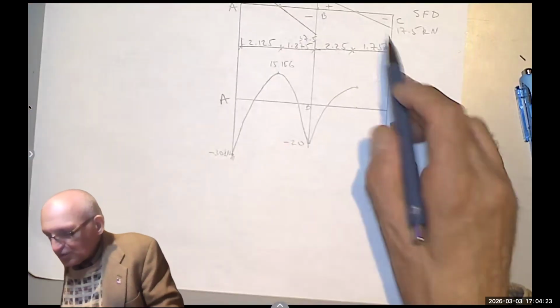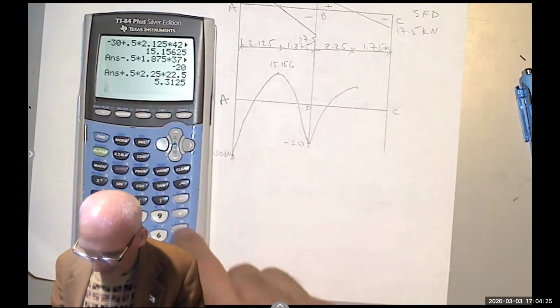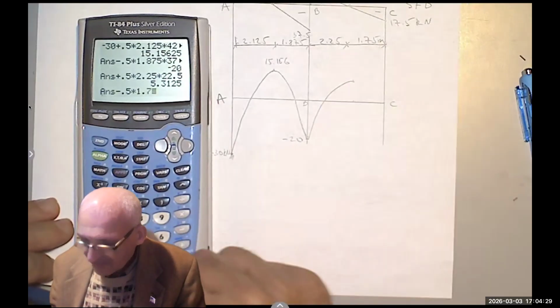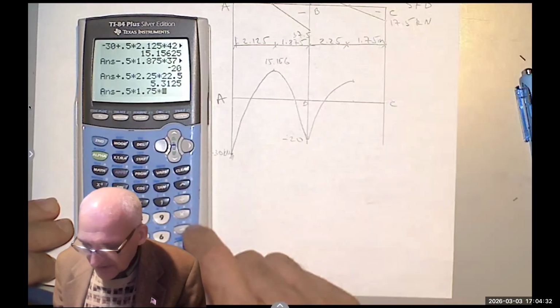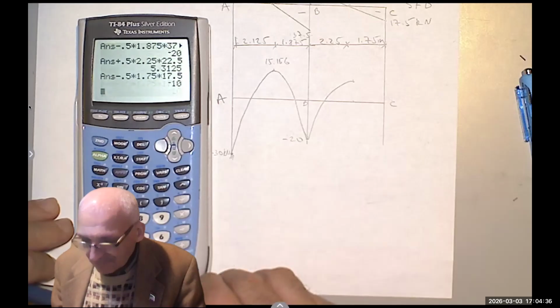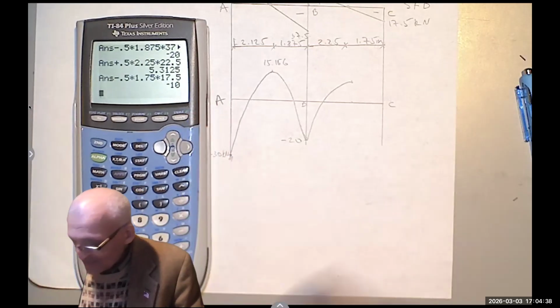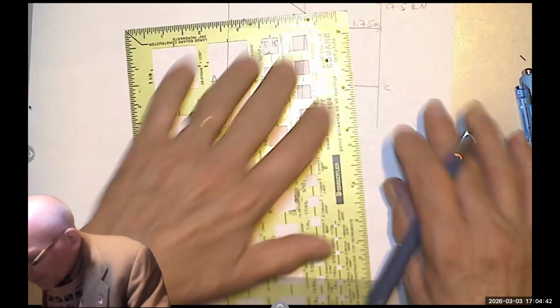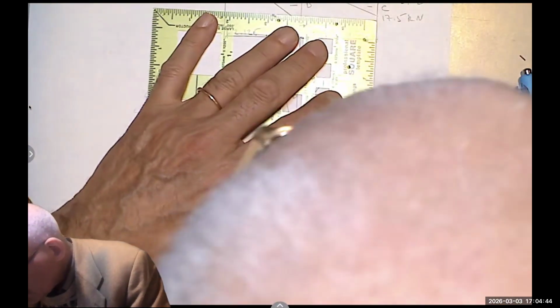Then I'm going to subtract 1/2 times base 1.75 times the height, which is 17.5. Excellent. I ended up at negative 10, exactly, because I know the moment at C was 10.